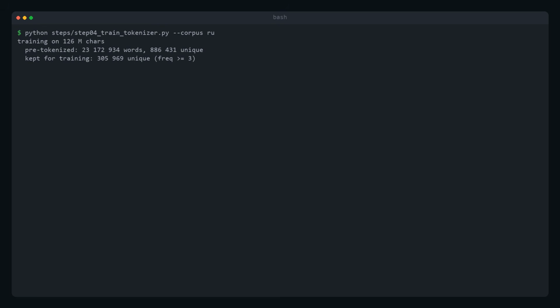They barely affect the merge statistics, yet they consume all the memory because we keep an index entry per word. The fix is to learn merges only from words seen at least 3 times. That left 306,000 unique words, covering 97% of all occurrences. Memory is fine, and the vocabulary is practically unchanged.